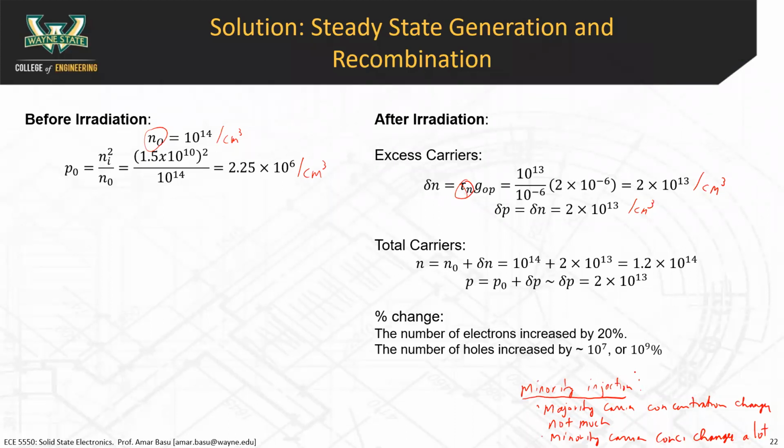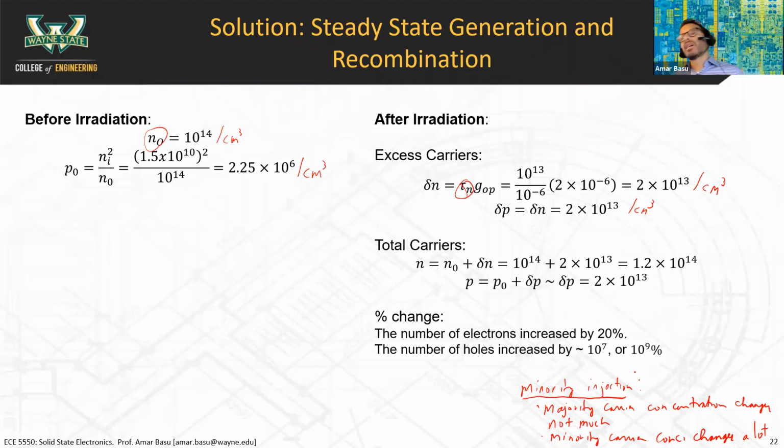So the majority injection would correspond to, I guess, the more general case where tau N and tau P, the lifetimes of the carriers, are not the same. Whereas in this specialized condition, where tau N and tau P are the same, we can say there is going to be a minority injection.